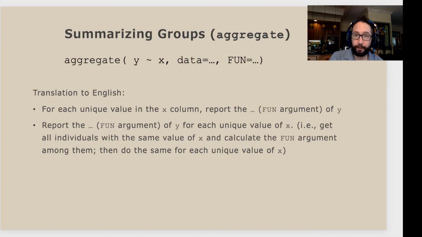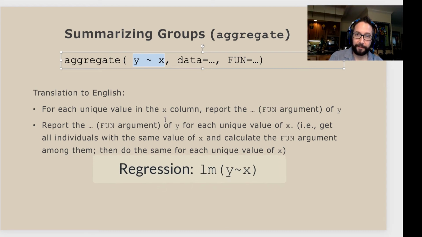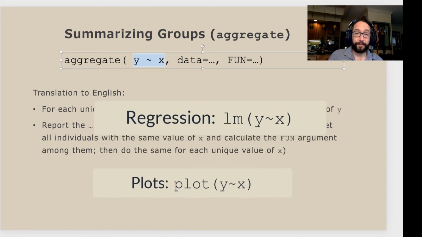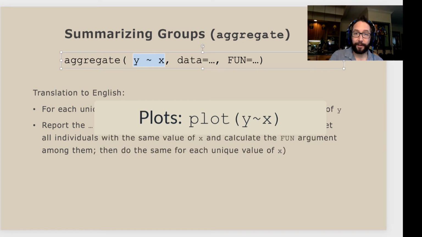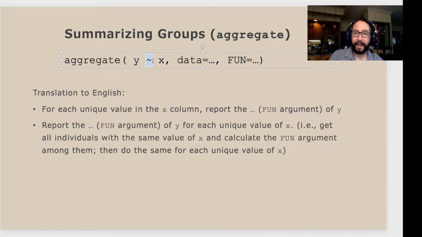So in general, whenever you want to summarize different groups, you'll be running the aggregate function. The first argument is a formula. Now, if you've fit regression models, if you've made plots in R, this sort of syntax is going to be familiar to you. You have a twiddle, and that's going to separate the two different variables or the two different columns that are going to be involved in the aggregation.